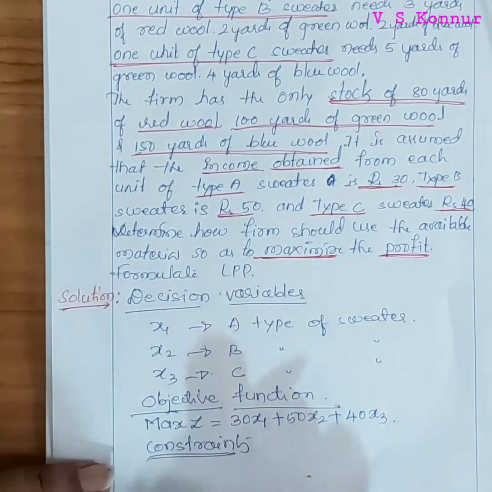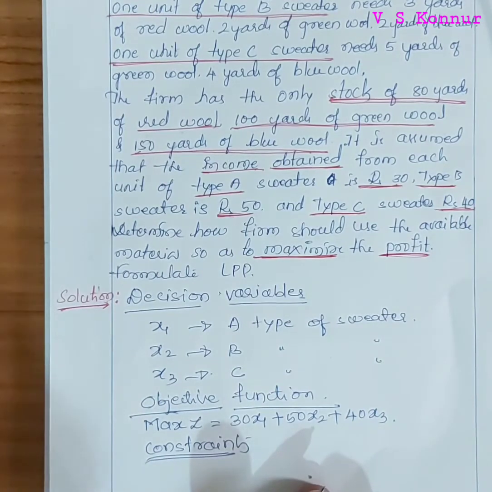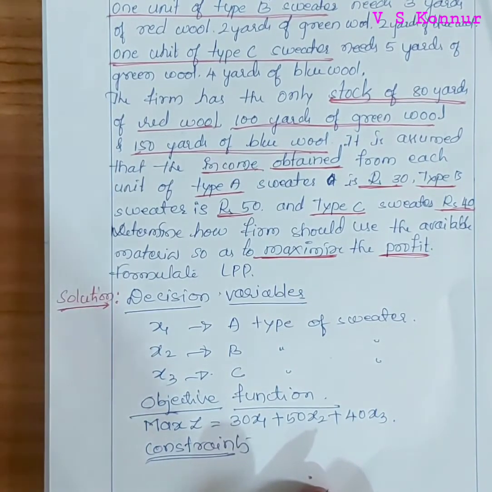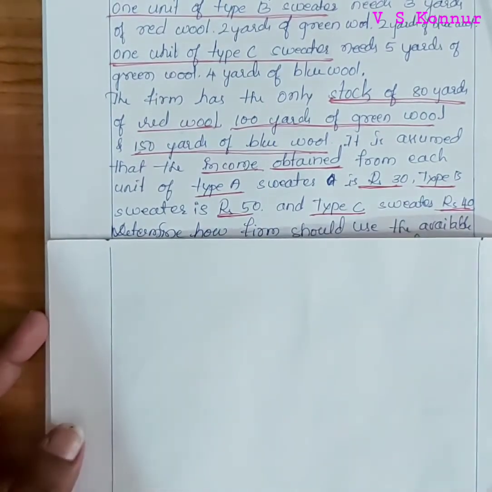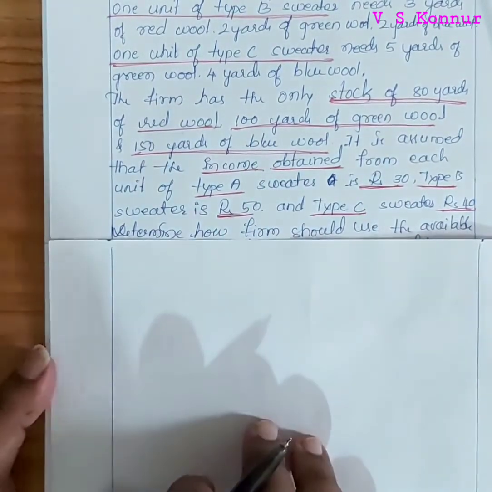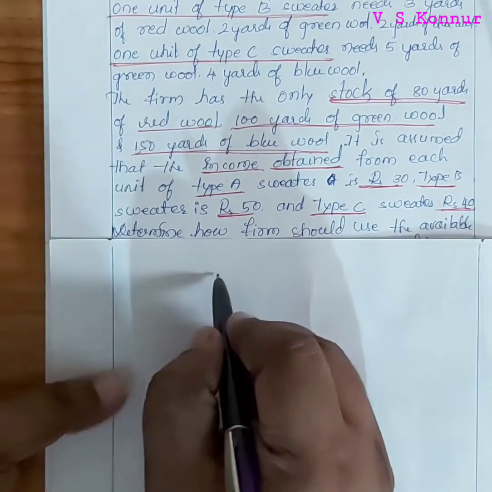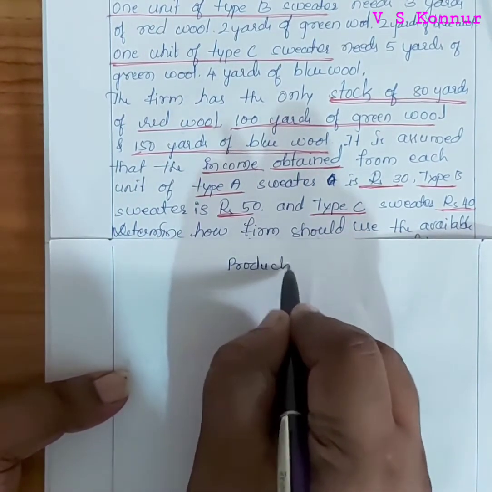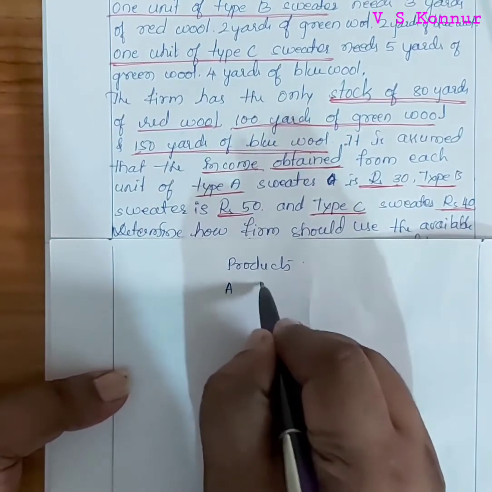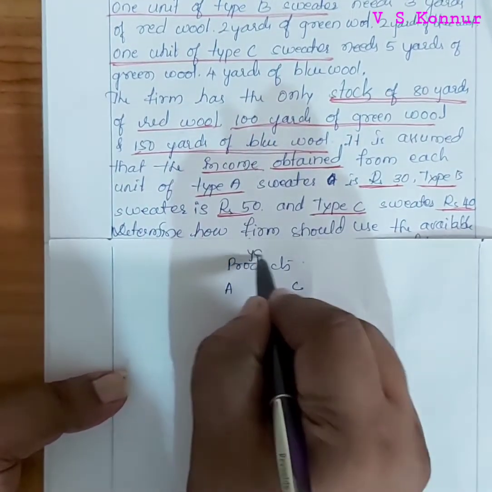Then we have to define constraints. It is given in the problem that products A, B, C require materials in terms of yards.